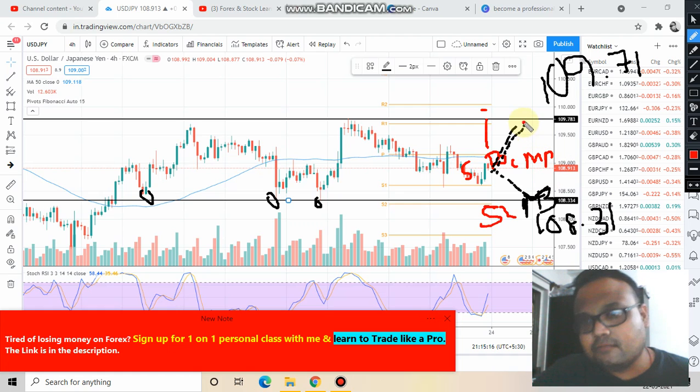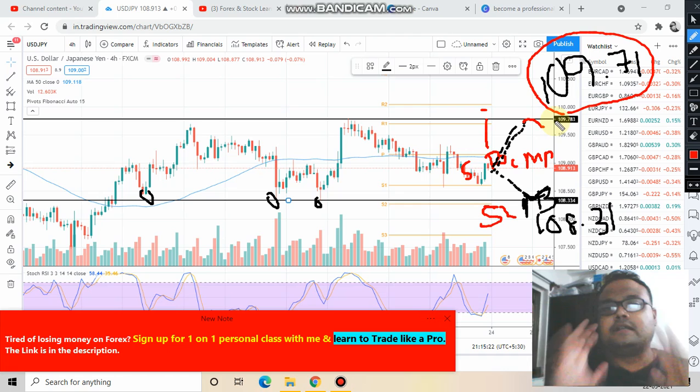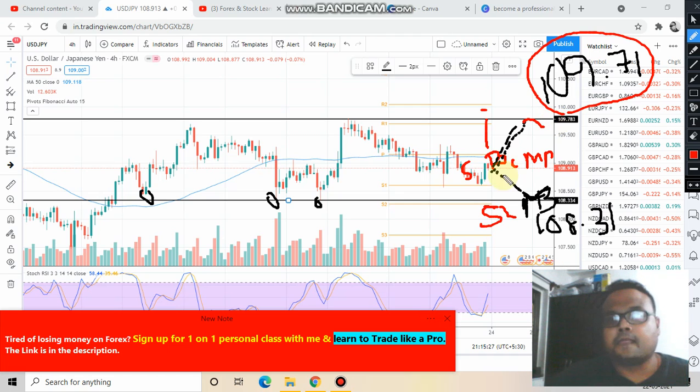Once the market reverses from the 109.71 level, you can short the market. This is the simple strategy for USD JPY as of now. Buy at the support and sell at the resistance. So this is it.